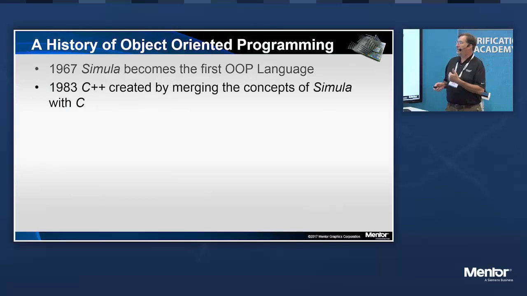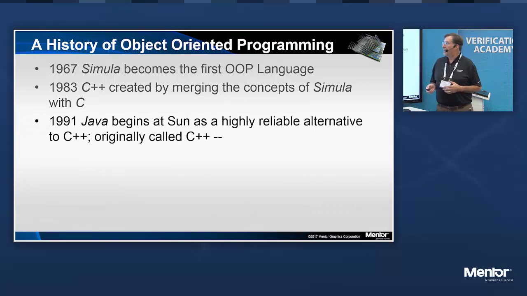And then in 1983, C++ came, and that was the first real software programming language that came around, and it merged the concepts of Simula with C. But a big problem with C++ and object-oriented programming was they didn't throw out anything in C. They left everything that was there, and they just added on to it.